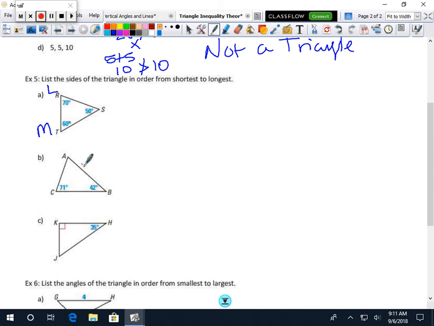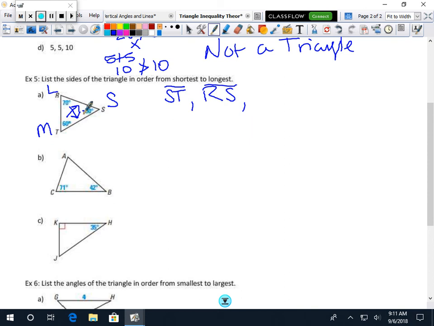And my smallest angle is 50, which is angle S. Across from the largest angle will be the largest side, which is side ST. Across from the medium angle will be the medium side, which is side RS.